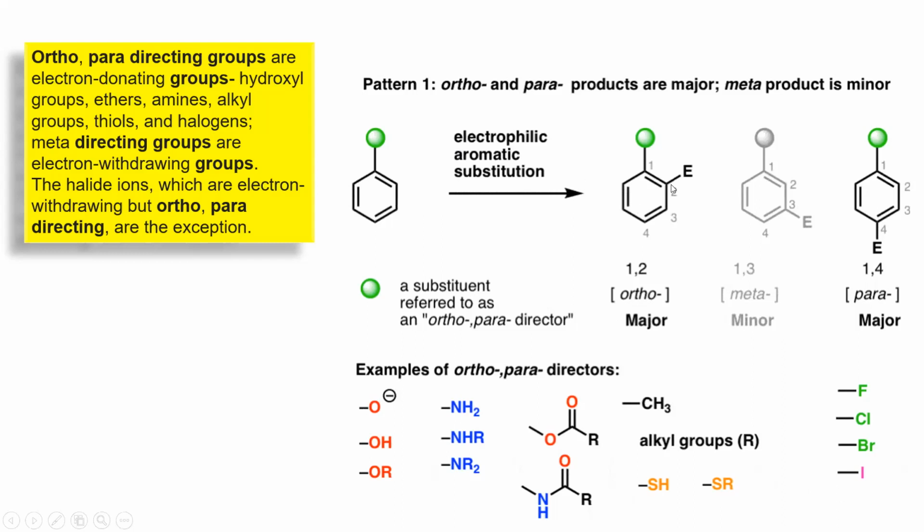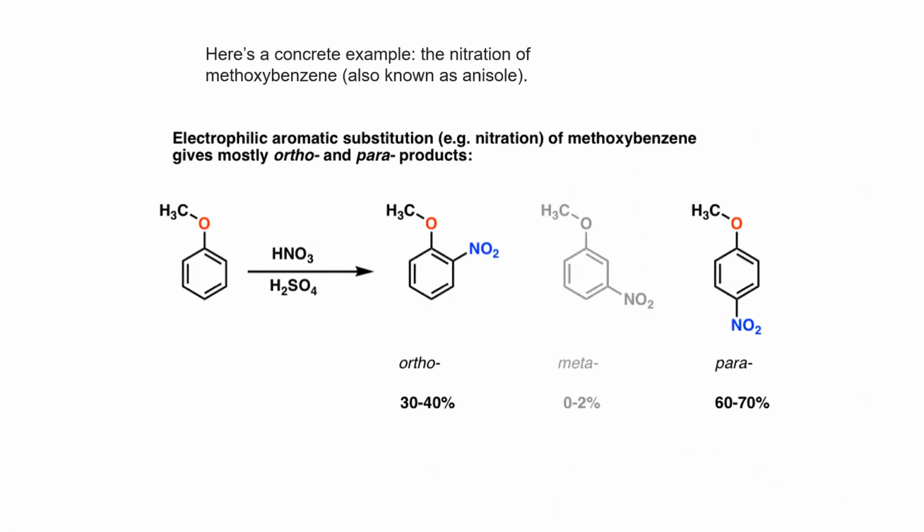Ortho-para means the next electrophilic group will enter either on the ortho, that is the second or sixth position, or on the para, the fourth position. So these are the ortho and para directors that you need to remember. Here is a concrete example, the nitration of methoxybenzene. Methoxybenzene already has a mono substitution.